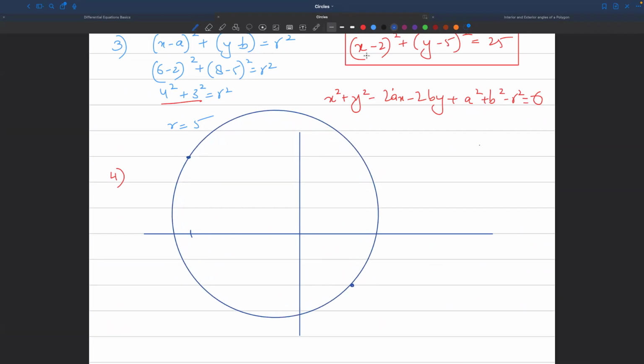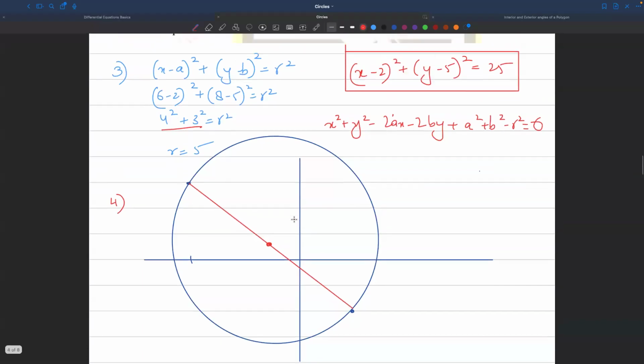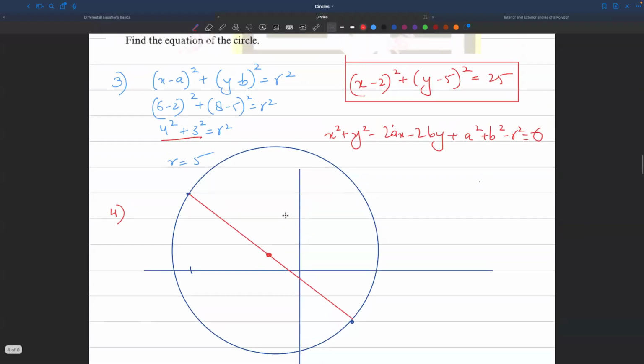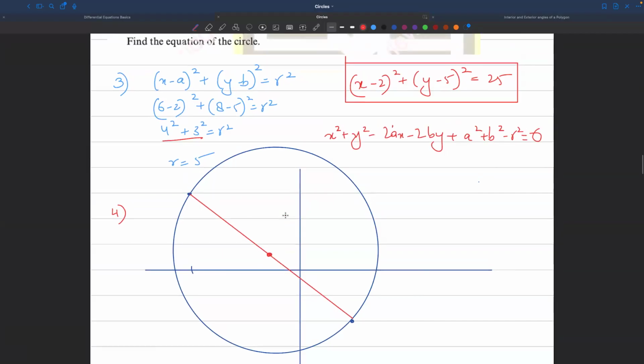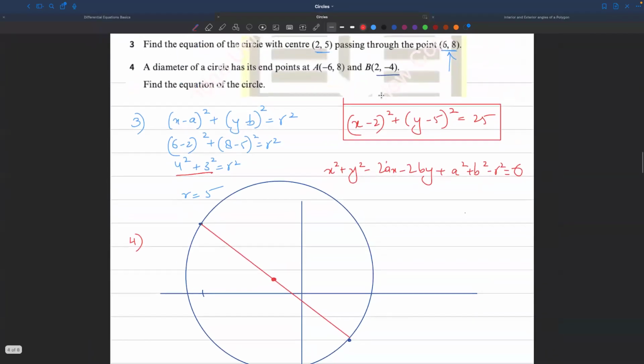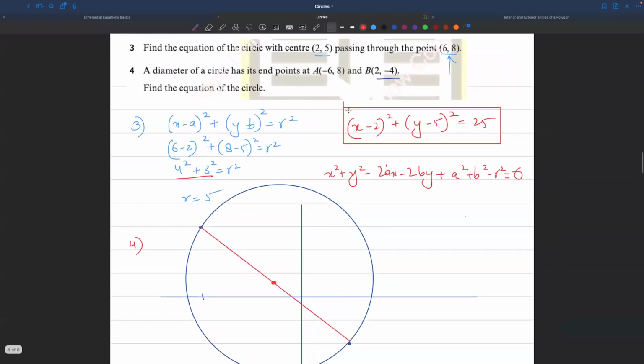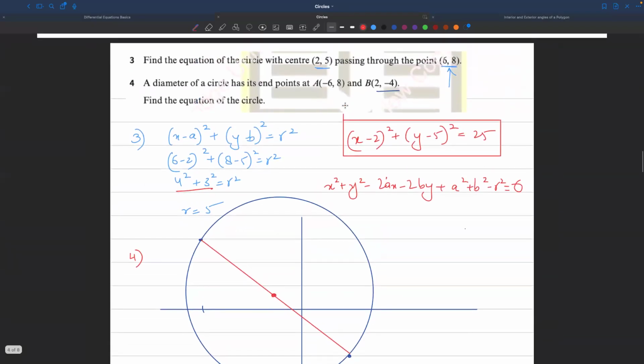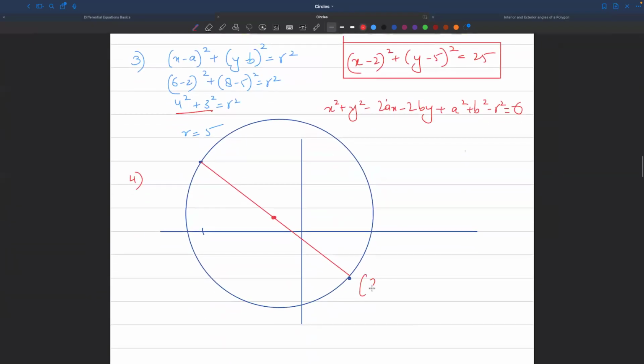okay. So what I know is that the diameter is always passing through the center. Can I find the center? How? Diameter divided by 2. Midpoint, beta, midpoint. So radius is diameter divided by 2. Beta, if I have to find the center, what will I do?